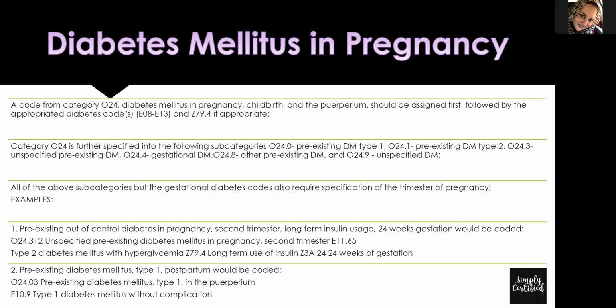So the coding example would be O24.312 for unspecified pre-existing diabetes mellitus in pregnancy, second trimester. They didn't say what kind of diabetes it was, right? So we're going to code it to unspecified pre-existing. But then we're going to default to the type 2 code, because the guidelines told us to use the default code of E11 for type 2 when it's not specified.